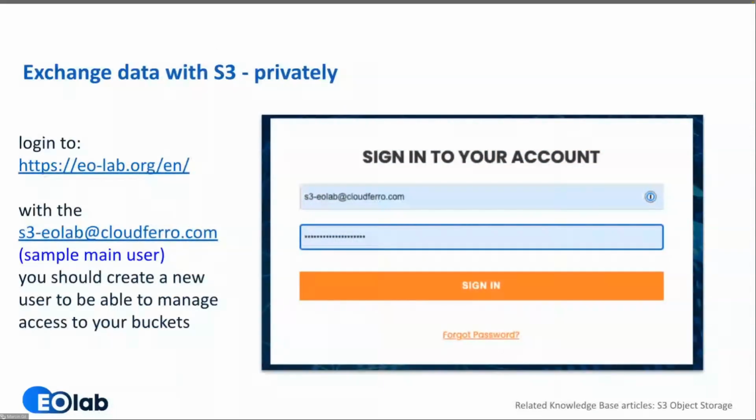And there is another way. You can exchange the data privately, so you can give access to only chosen users. In this example, I will create another user, because this S3EOLab at Cloudflare.com user, which I created, of course, this name is you can use any name with @ and the mail address, because this is the limitation of the system.